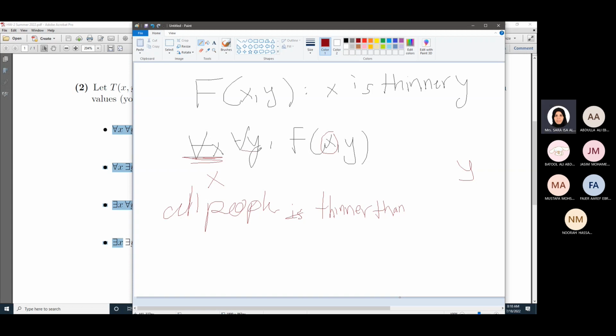What is Y? Y again comes with the universal quantifier. You can say all people. Do I have to use all people only? No, I can use another keyword. I can say everyone is thinner than everyone.